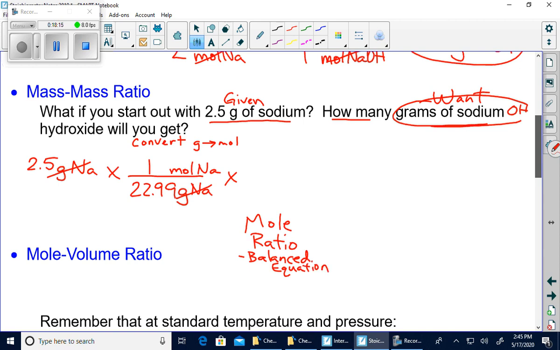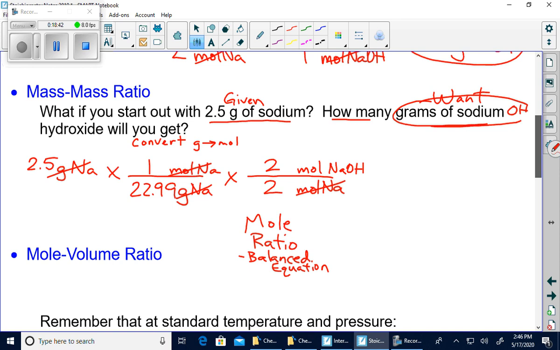Okay, so remember, I'm using the same one as up above. I'm going to put moles of sodium on the bottom so that cancels, and I want to go to moles of sodium hydroxide. That's what I want to go to. From the balanced equation, 2 and 2.